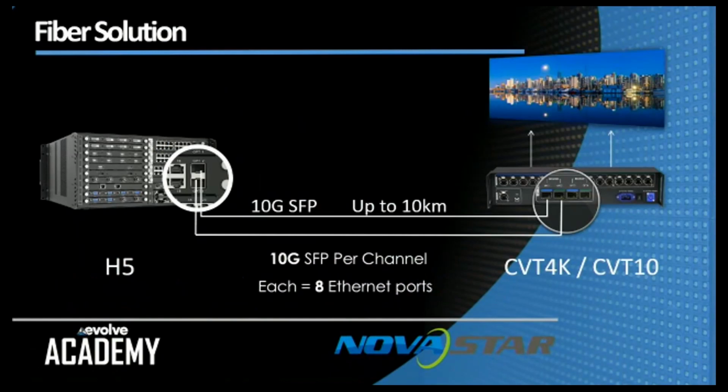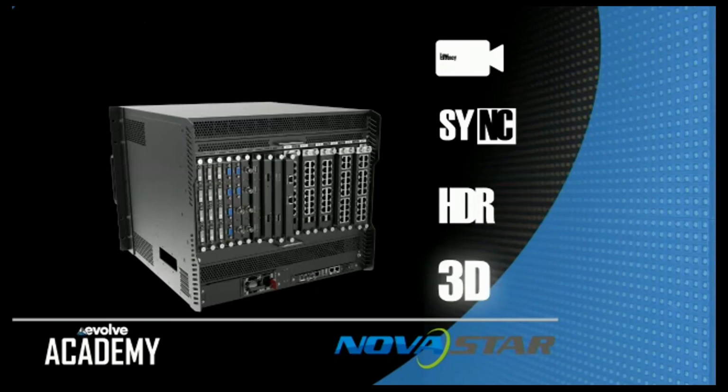Fiber output, again, the SFPs, which are on the 16 port output modules. You've got up to 10 kilometers with single mode SFPs, and they attach to existing CVT 4Ks or to the new CV10. Each pair of fibers is 8 output port channels. The H series supports the low latency mode, the NovaStar low latency mode. It has sync, it has Genlock, including multi-frame.